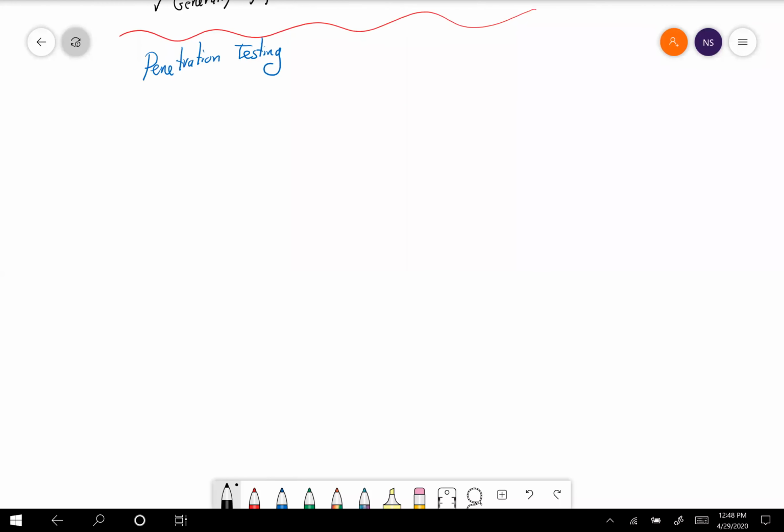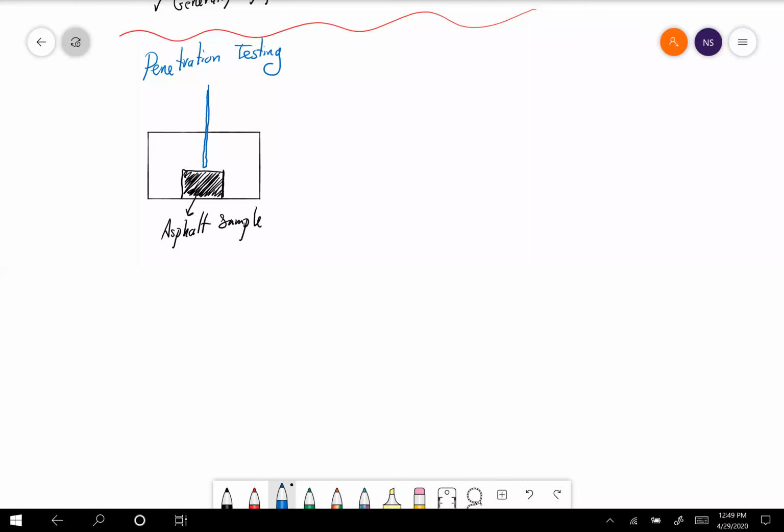You have your asphalt sample, and then you just drop a needle.